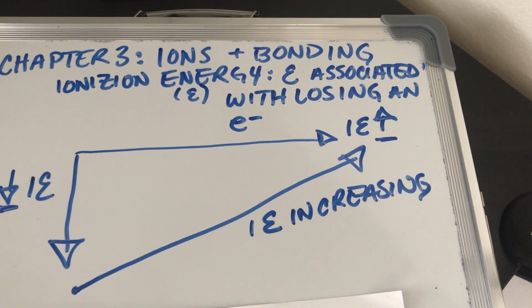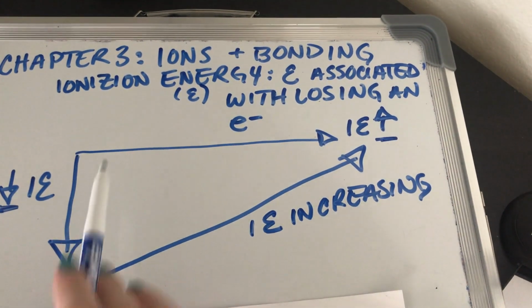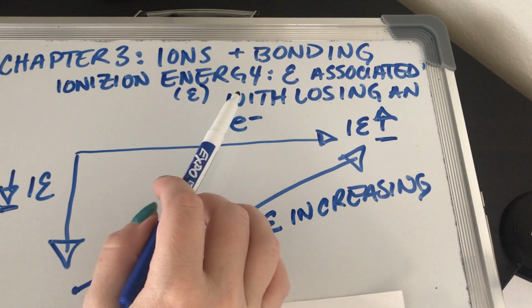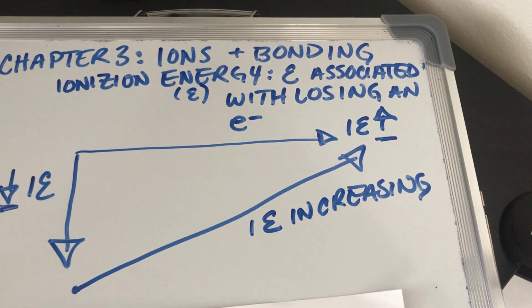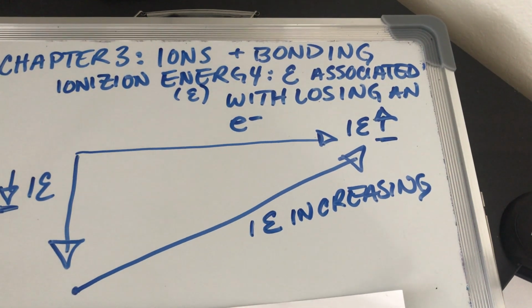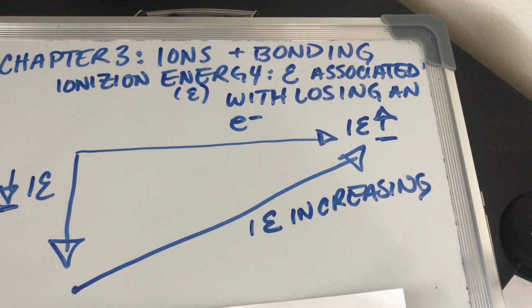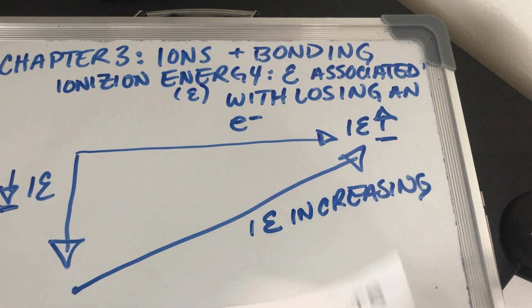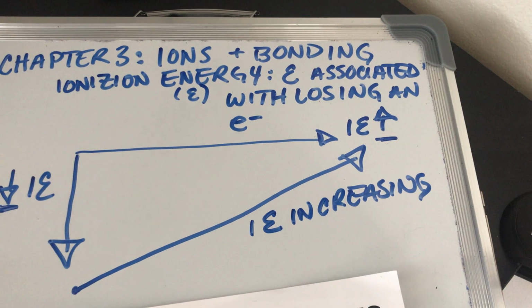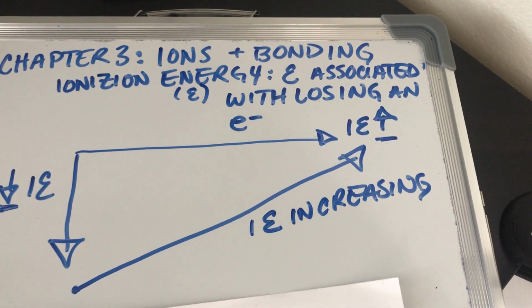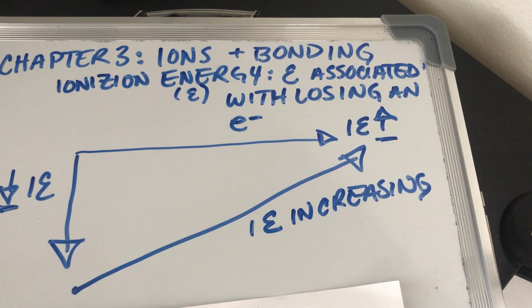When you say increasing, you mean it's really easy to lose an electron? No, I mean the opposite of that. Ionization energy is the penalty, right? That's the cost of doing this thing. You can always think of energy as being a cost. We're either gaining or losing energy. When we lose energy, that means we've had to give it away.